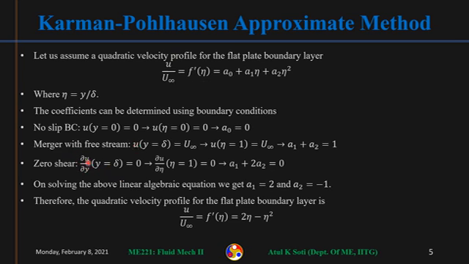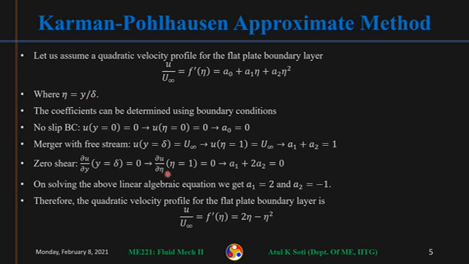So that will give us del u by del y should be 0 at y is equal to delta, because mu is not 0. You can convert that into eta, so del u by del eta also should be 0 at eta is equal to 1. Y is equal to delta, then eta is equal to 1.